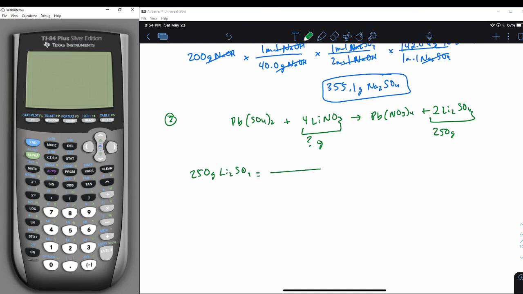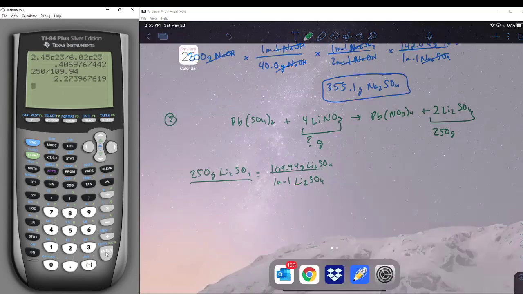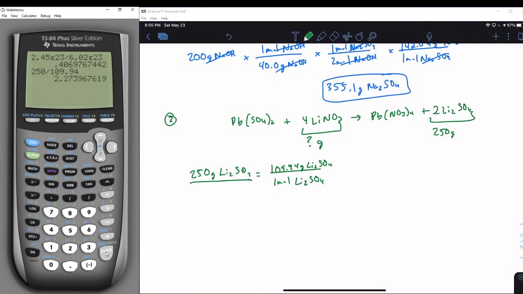So, just like the same problem before, we have to convert our grams into moles. And it turns out that 109.94 grams of Li2SO4 is 1 mole of Li2SO4. And so, with this, 250 divided by 109.94 gets you 2.274 moles of Li2SO4.